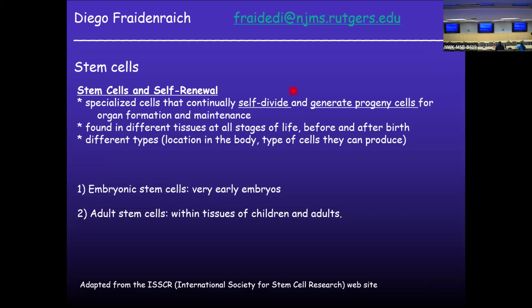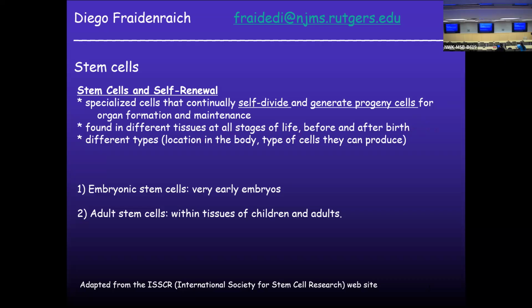They are found in different tissues at all stages of life, before and after birth. And that's important because people tend, not now, but 10 years ago, when the boom of stem cells, people thought that all stem cells were identical or similar, so you can treat with mesenchymal stem cells, and if you don't have them, so you use hematopoietic stem cells. If not, you use iPS cells, etc. That's not true.